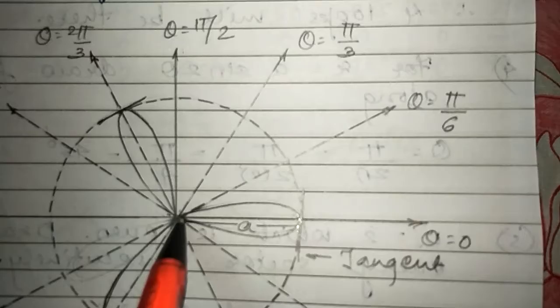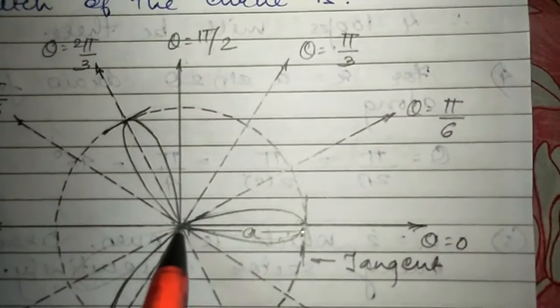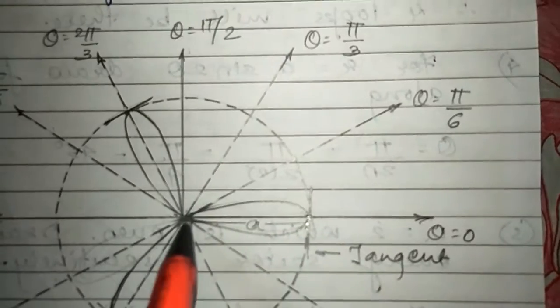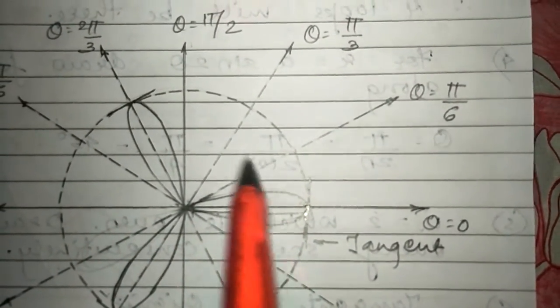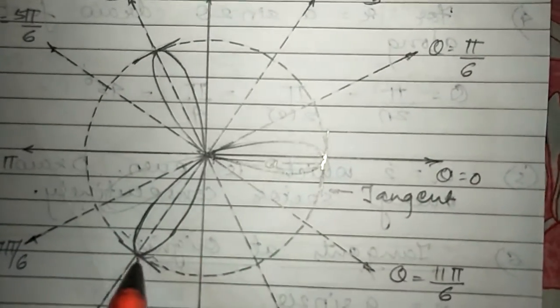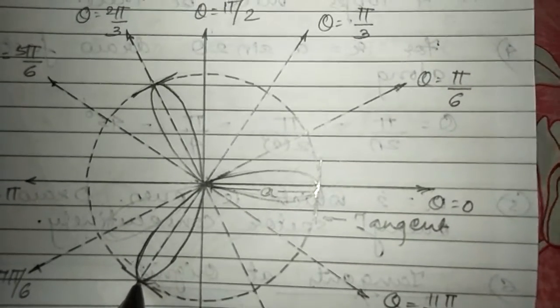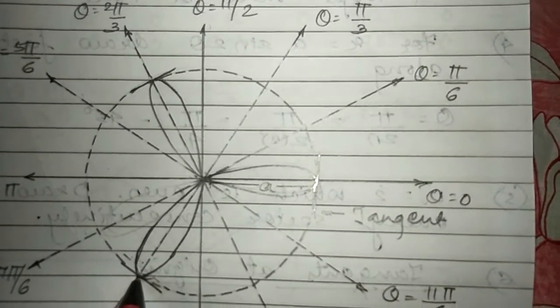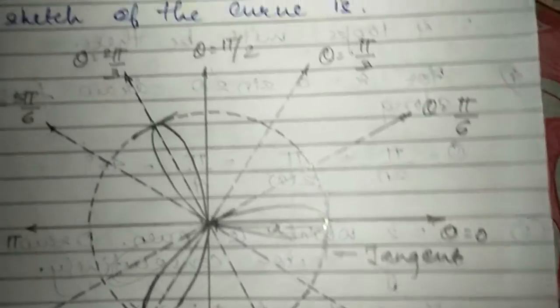So how it will be now for pi by 3? Instead of drawing on this side, it will be drawn on the opposite side. That is, we have to draw in between here. So it will be from pole to this point. It will be in the opposite direction because the value of r is minus a. It is negative, so it is to be drawn in opposite direction.